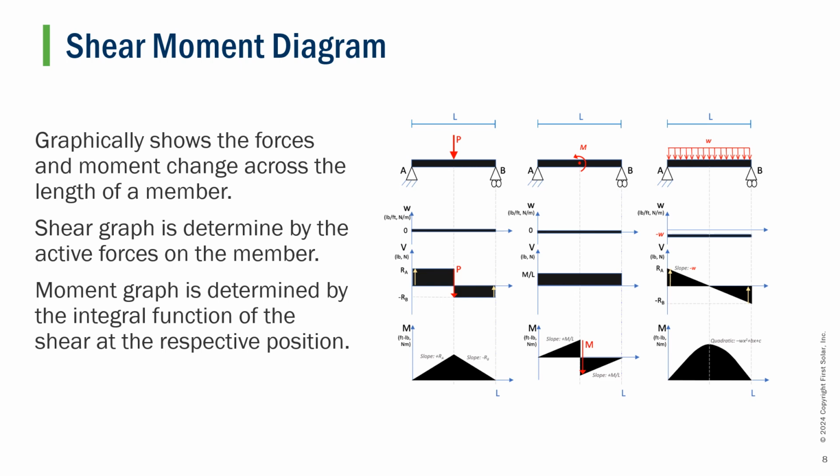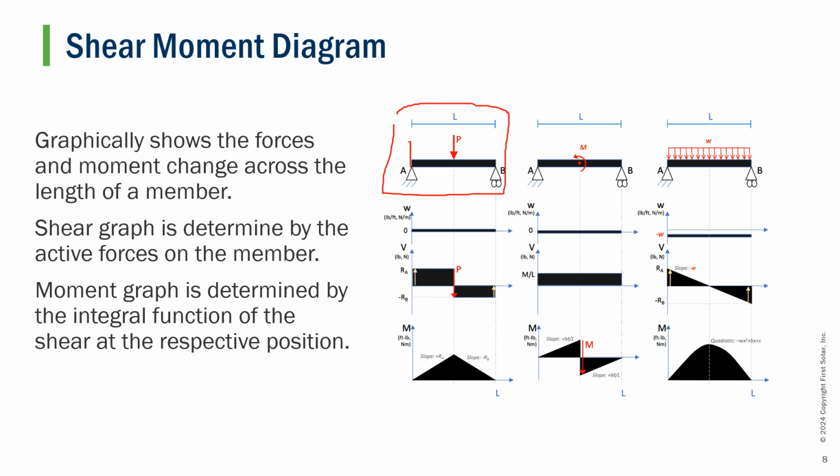Your shear graph will be determined by the active forces on a member. So say we look at this first one, for example, we see that there is a center load offset by the reactive loads at A and B being upwards vertical and our center load going downwards.